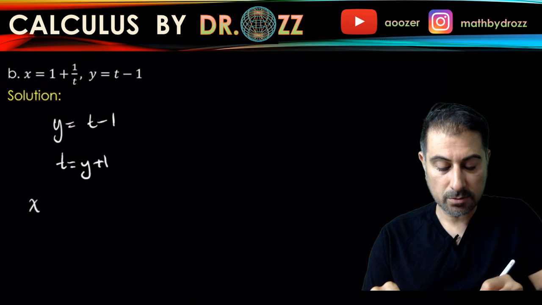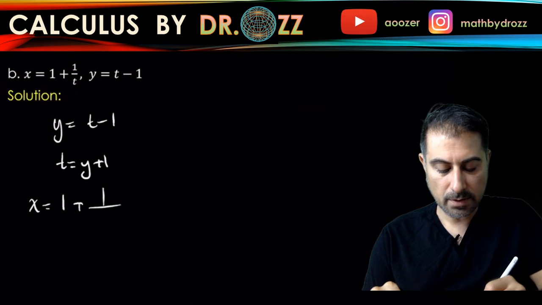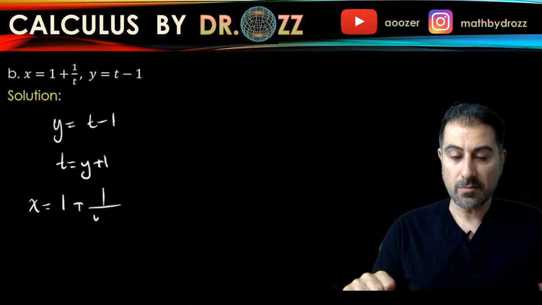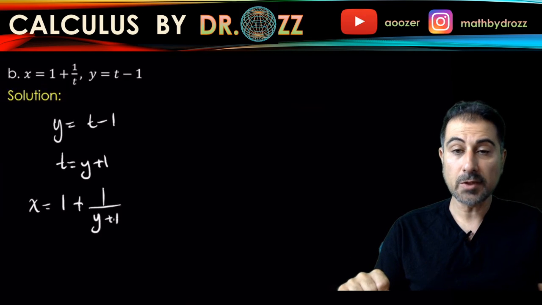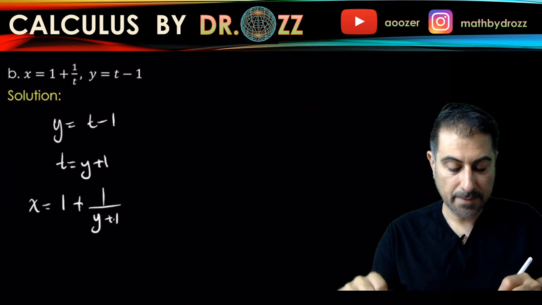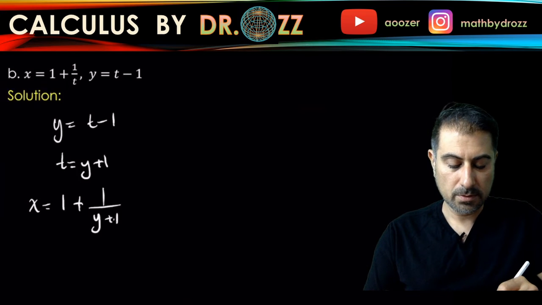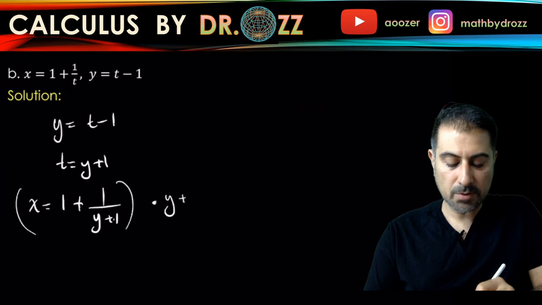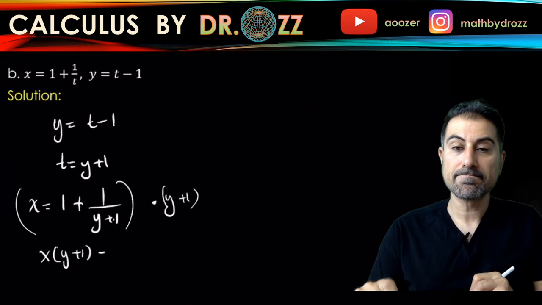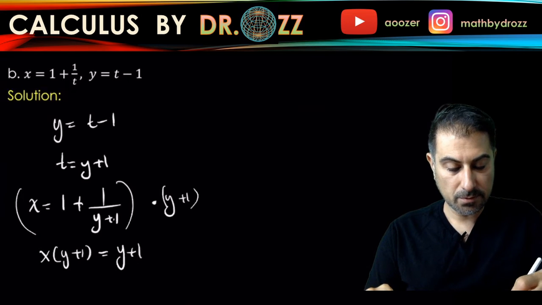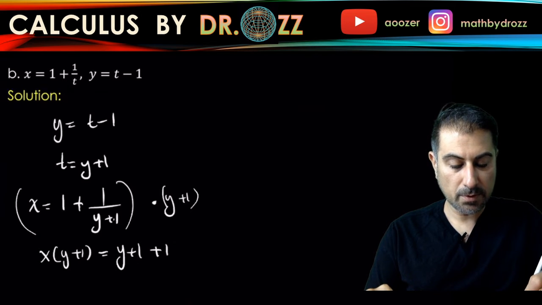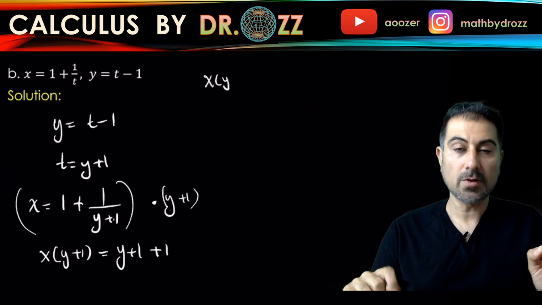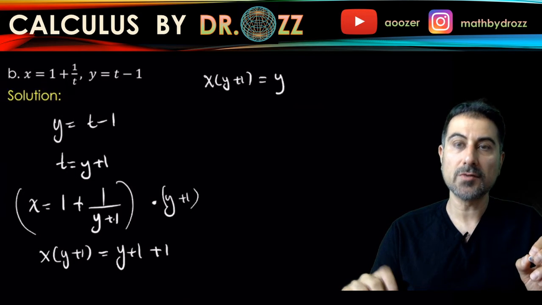Let's multiply both sides by y plus 1. So I have x times y plus 1 equals y plus 1 plus 1, which gives x times y plus 1 equals y plus 2.